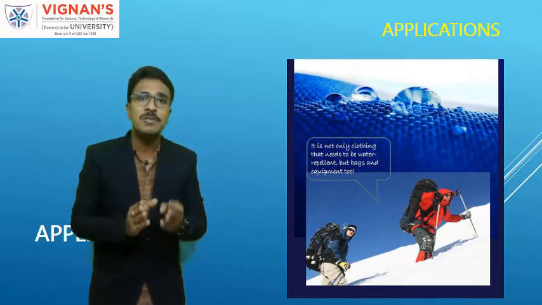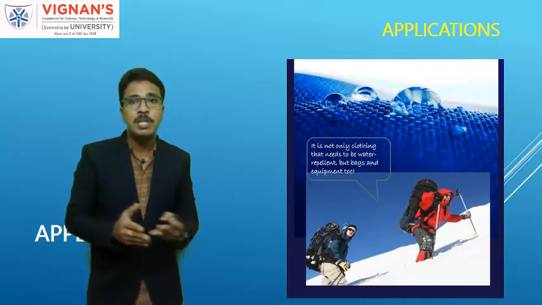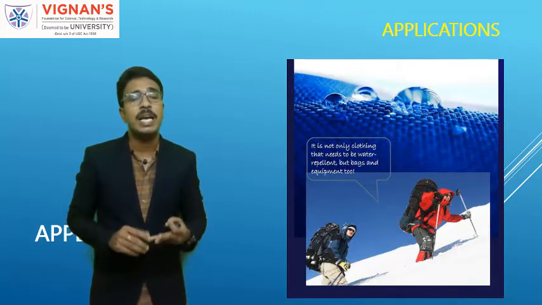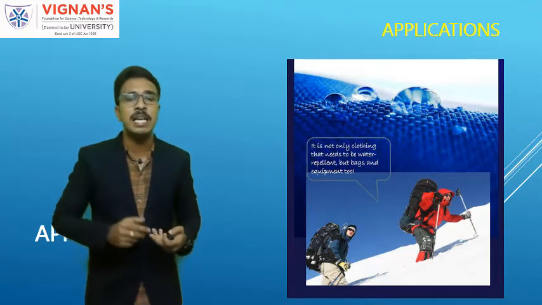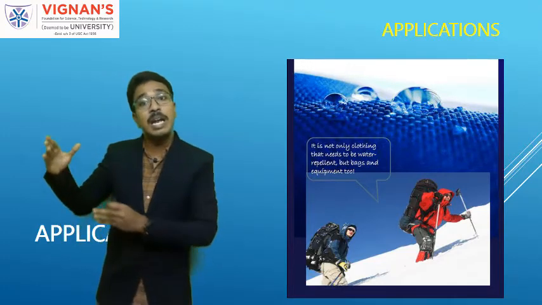Understand? So that is where this functional finishes concept came into existence, and it is growing like anything, and the need is also increasing, right from ordinary wear to particular end use applications.